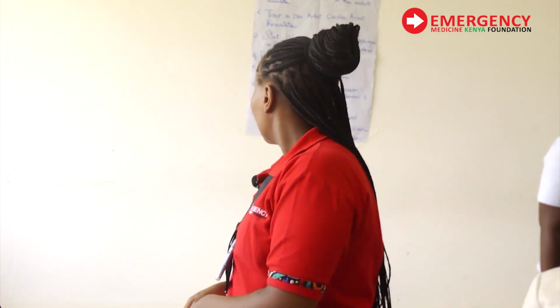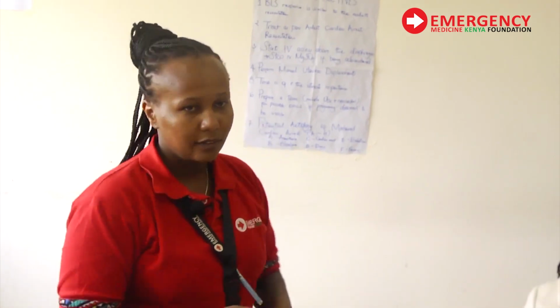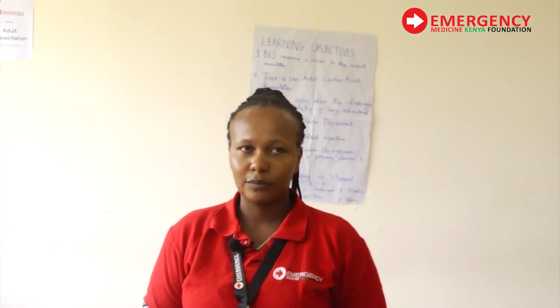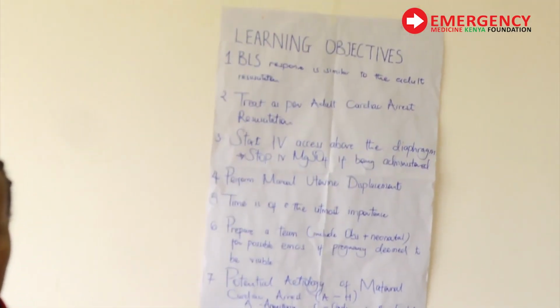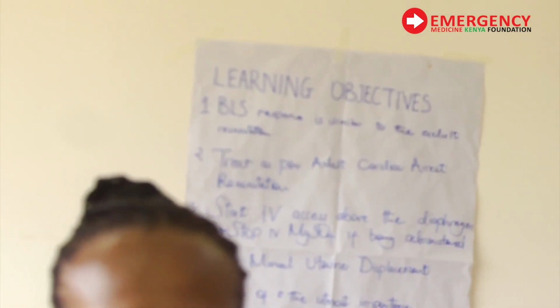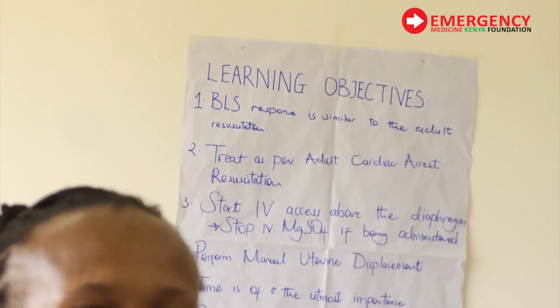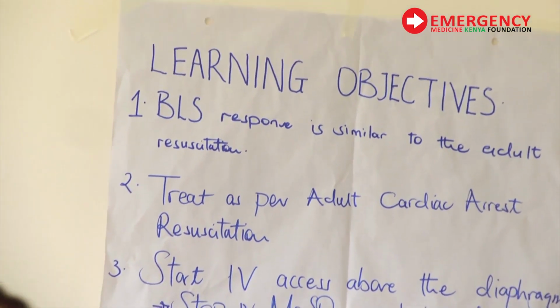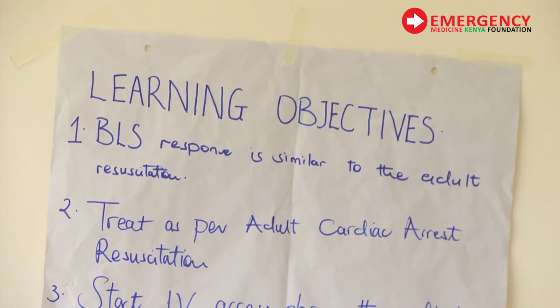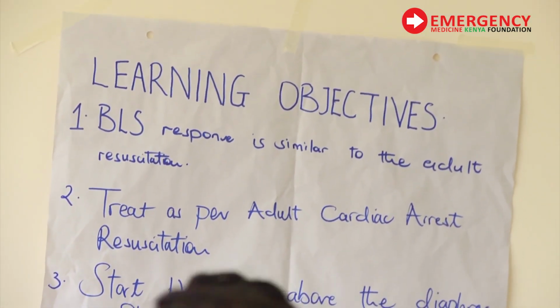Okay. So for these sessions, we have 7 learning objectives. Try to make it as simple as possible. Number 1 is that your BLS response for your maternal patient is similar to an adult cardiac resuscitation.